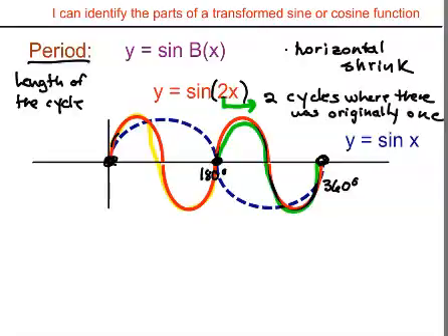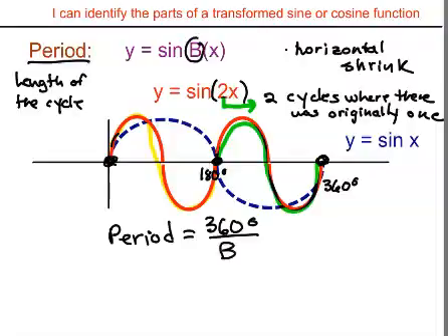Now this is how we can figure out the period. We can figure out the period by taking either 360 divided by B. Notice this is B here. Or if it's in radians, it's 2 pi over B. So if you look back to that red line, how long did one cycle last?